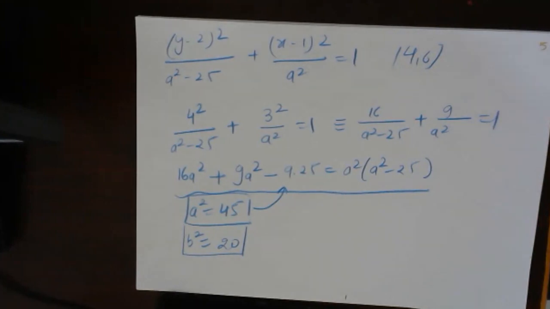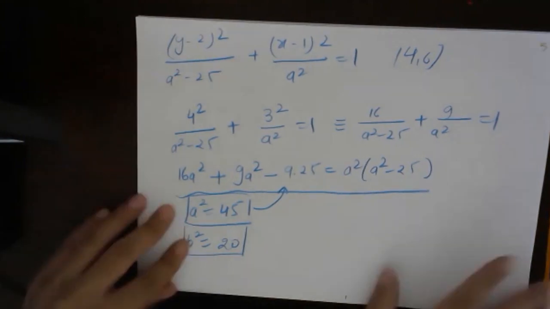Okay, let's do the next question. In this question I will give you an auxiliary circle and parametric equation.